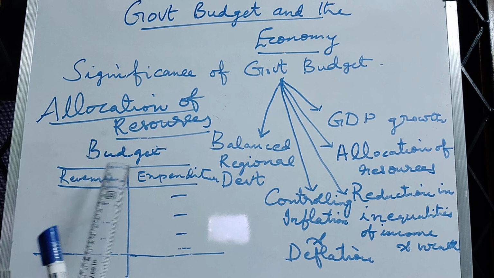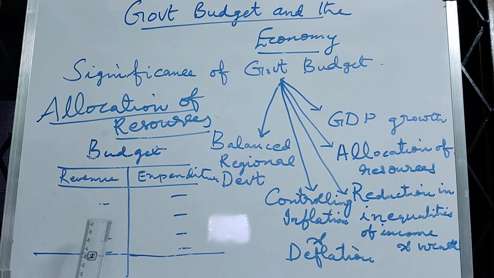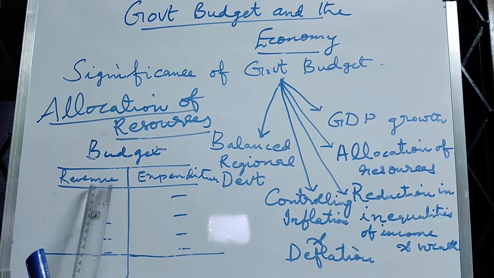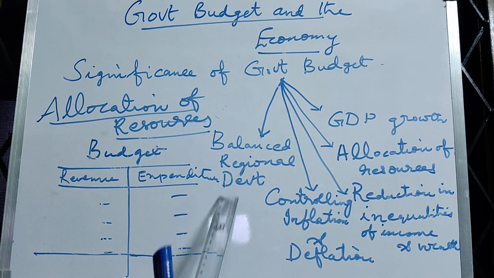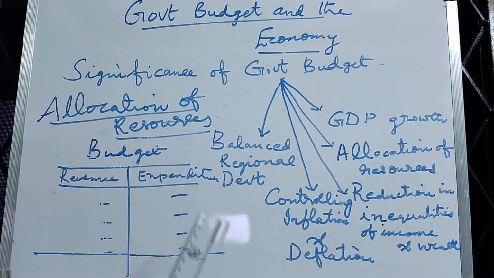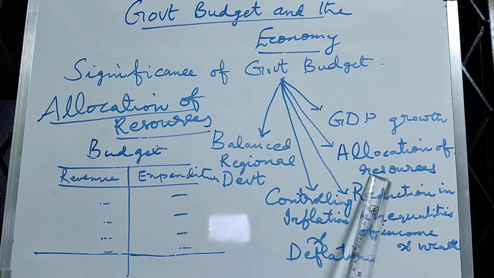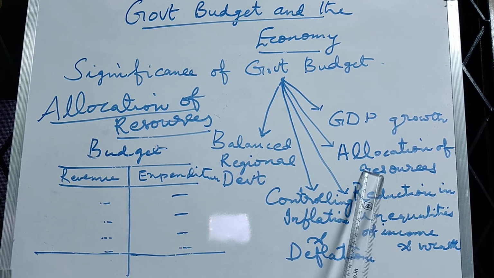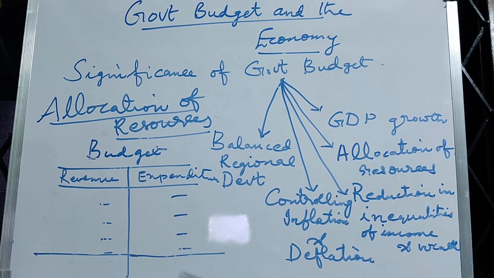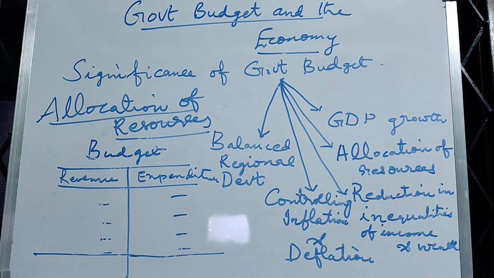So, by preparing the budget, the government is putting the resources of the economy into various uses. Through that, the resources are properly allocated. The resources are not wasted but are properly allocated into various uses, which will help in the development of the economy.